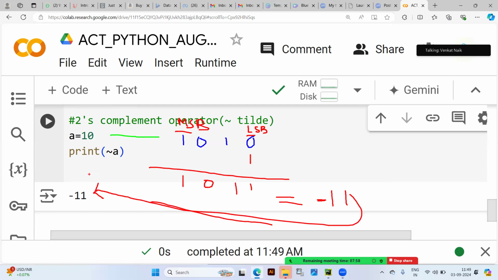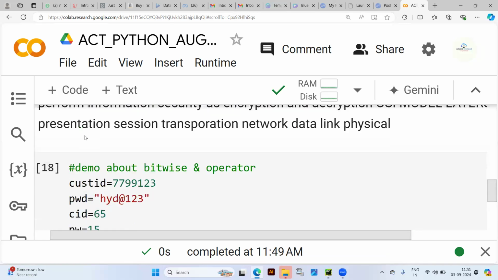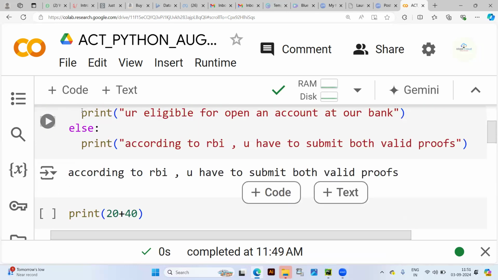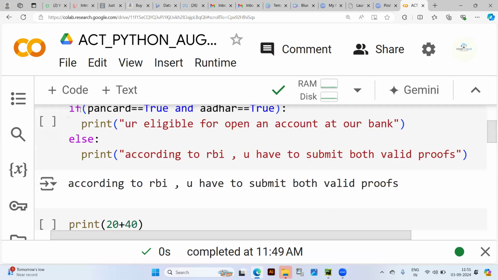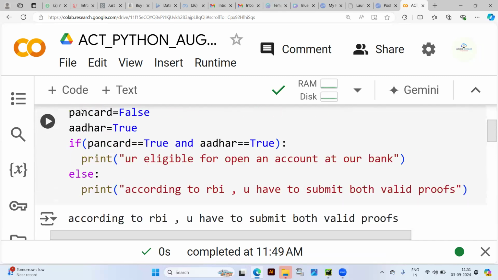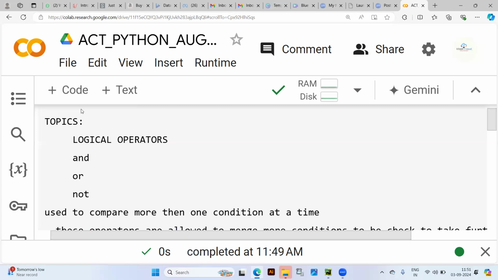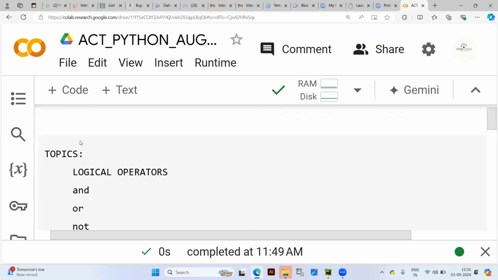What are the operators we have? So here we started with the logical operator. Before that, I spoke about arithmetic operators and relational operators too.